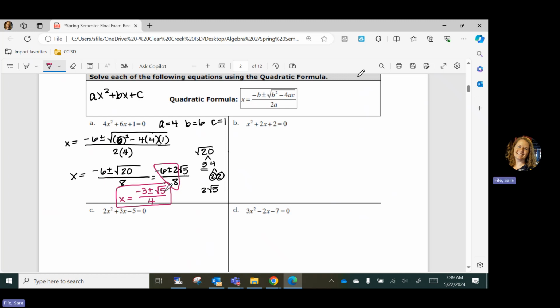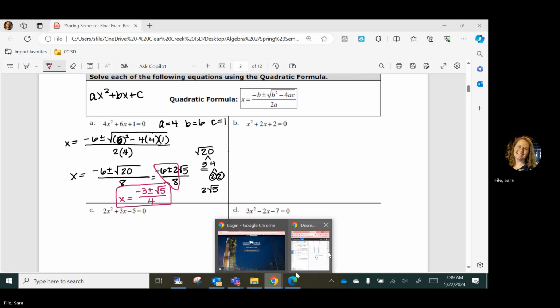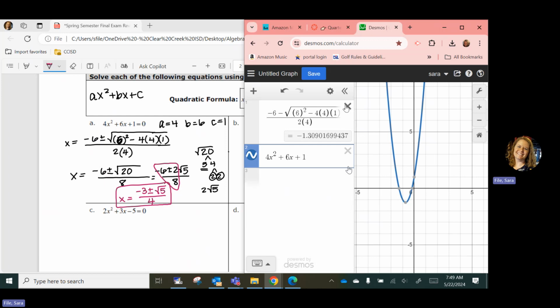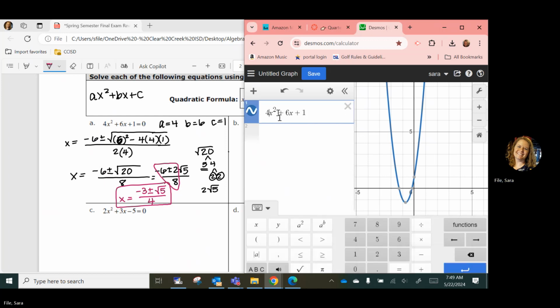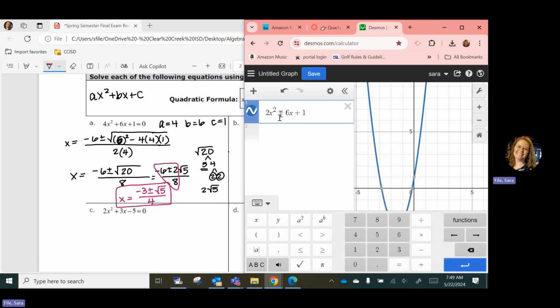Okay, so for the rest of these, I'm just going to type the equation in and get them as decimals. I'm doing C right now.